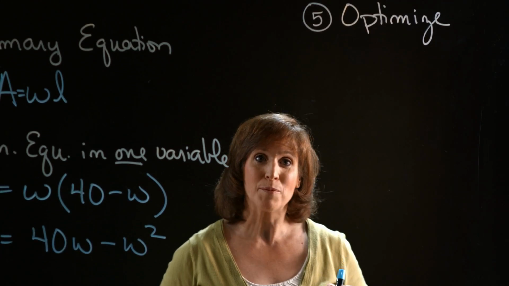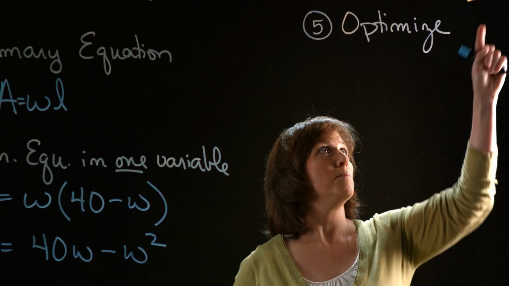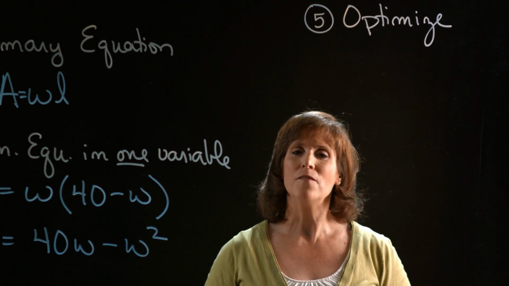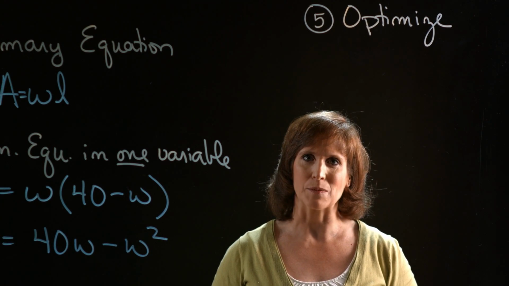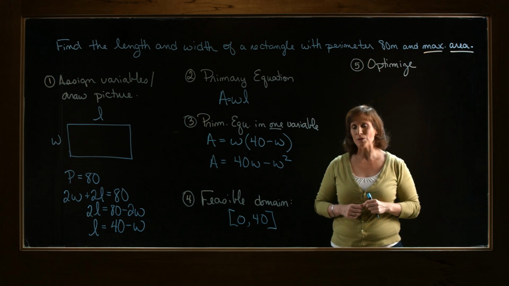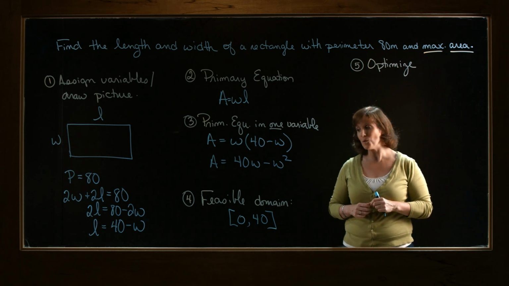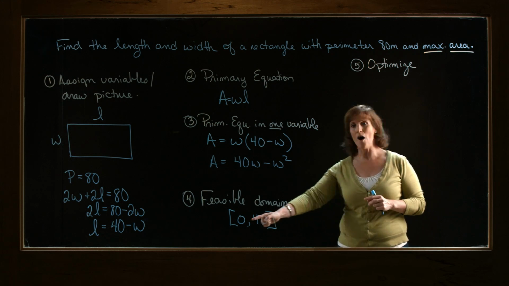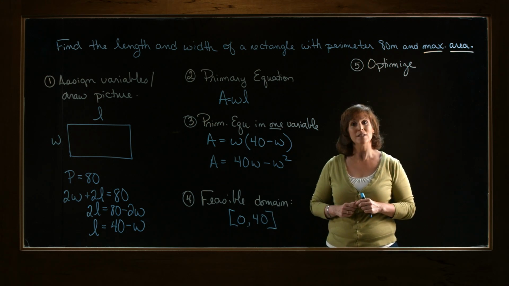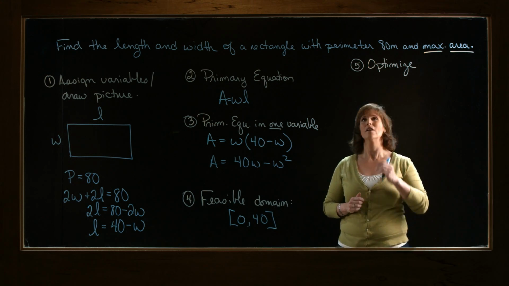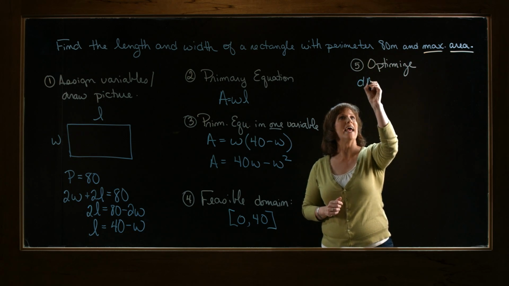So now we want to optimize, which in this case means finding the maximum. In fact, we want to find the absolute maximum. We know that absolute maximums can occur at the critical numbers, but they can also occur at the endpoints. We've already established the endpoints, so let's find those critical numbers. So we have to find dA/dW.